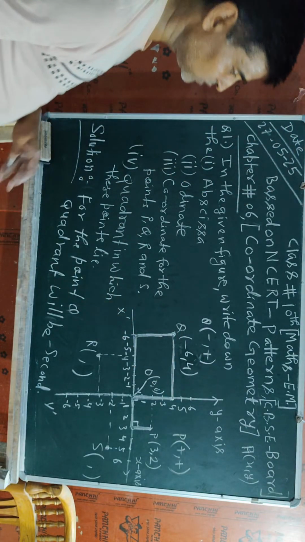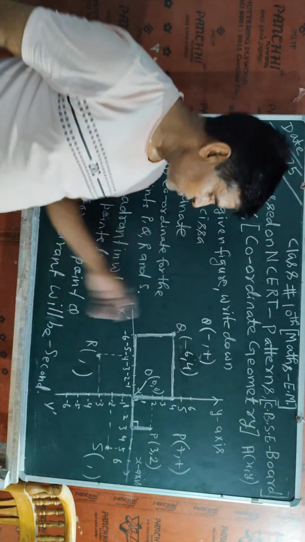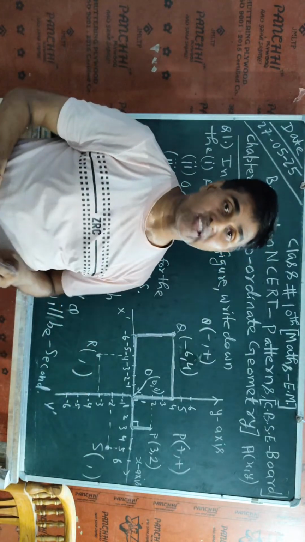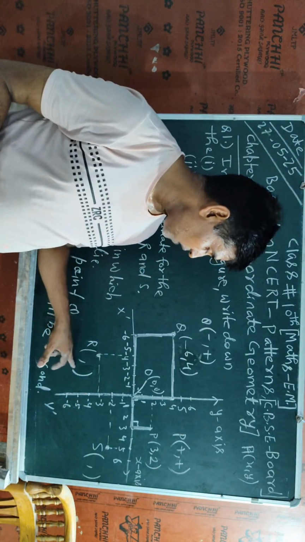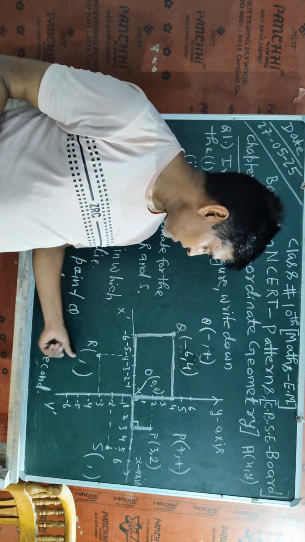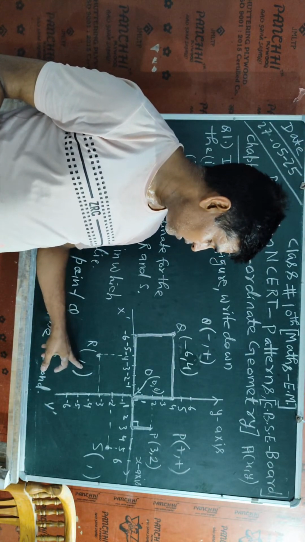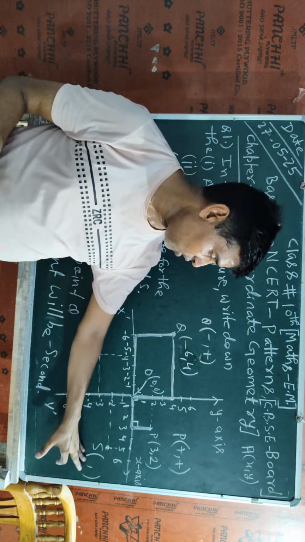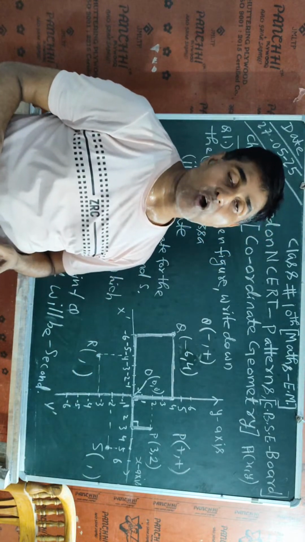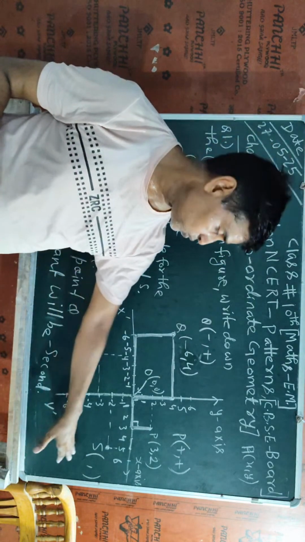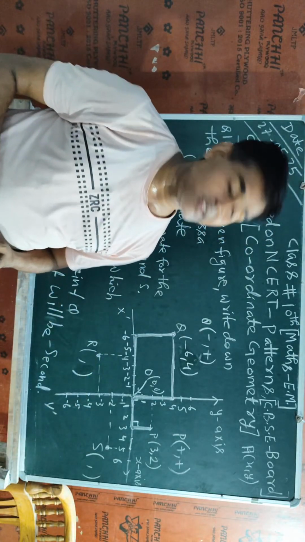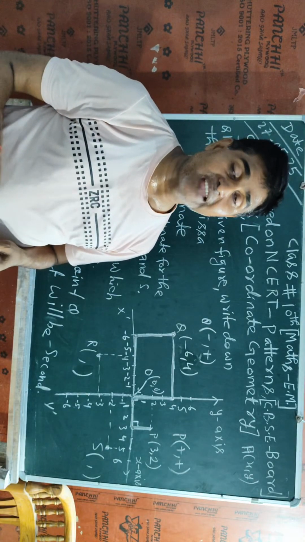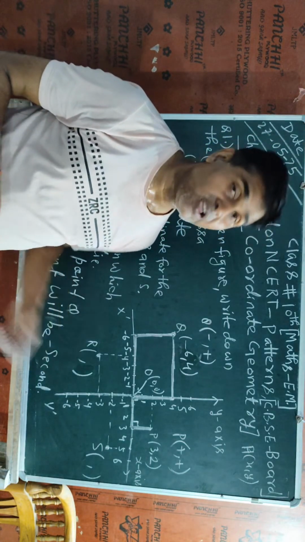Okay students, in the same way I will also explain all the information about R and also about S. I will find the abscissa value of R and the ordinate value of the point R. Similarly, I will get all the information of abscissa and ordinate for the point S, and I will explain in which quadrant R and S lie. That will come from the sign convention.